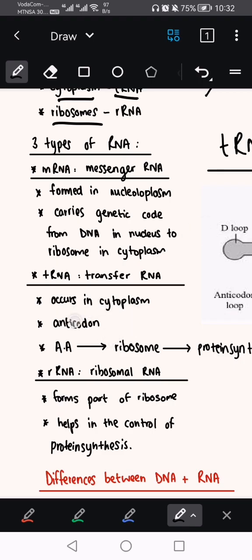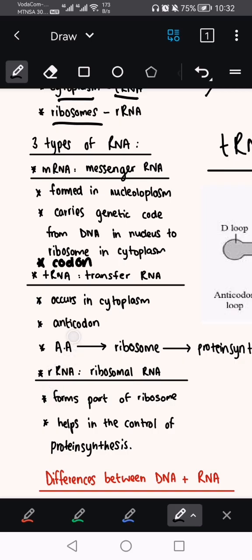Then, transfer RNA occurs in the cytoplasm. Also note that with mRNA there's something called a codon, and we're going to look at it a bit later. tRNA has something called an anticodon.